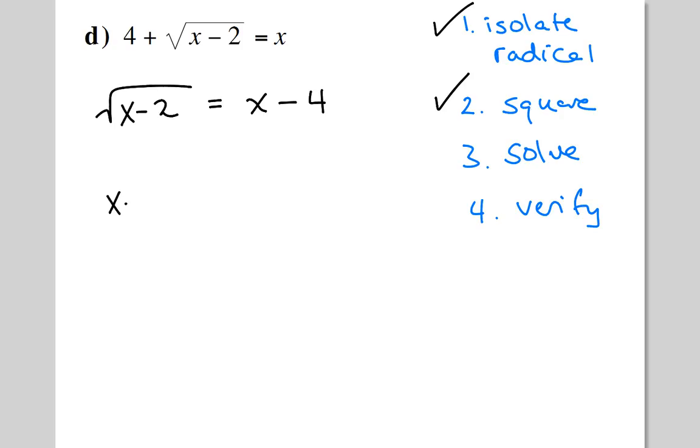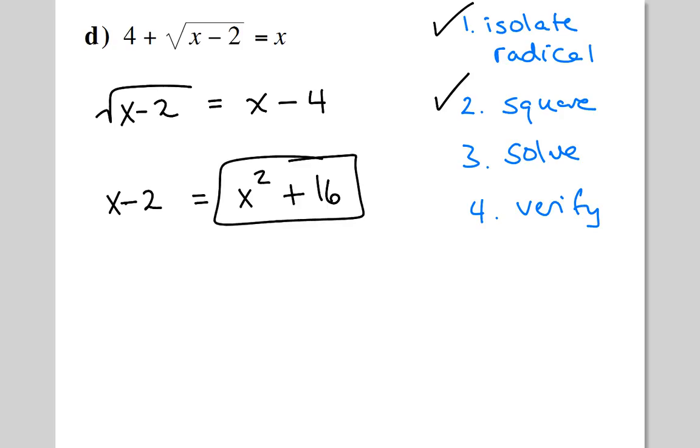So squaring the left is amazing. That was so easy. And the right-hand side, I'm going to do what at least one of you will do tomorrow, but don't let it be you. How wrong is that? What's it missing?